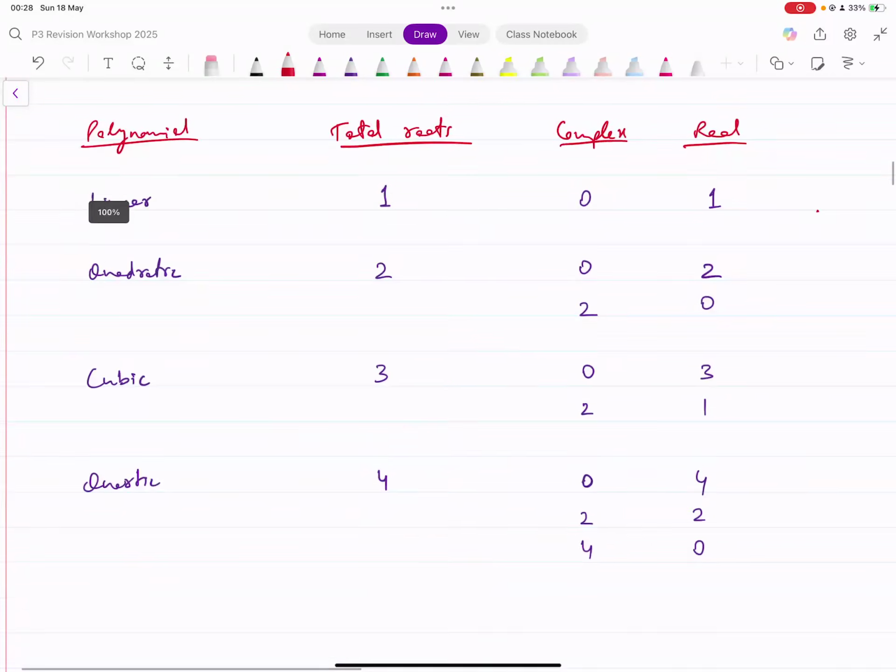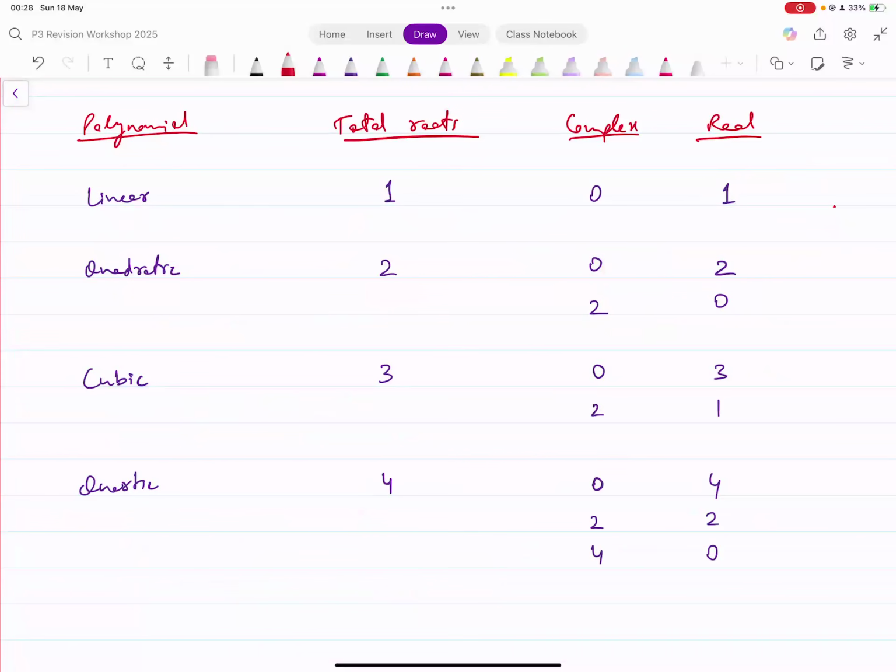So, this is not something that you need to memorize as such, but just for understanding. If you have a quadratic equation, for instance, the total number of roots is always going to be 2. Now, one possibility is that both of them are real and none of them are complex, or both of them are complex and none is real. 2 complex and 0 real.